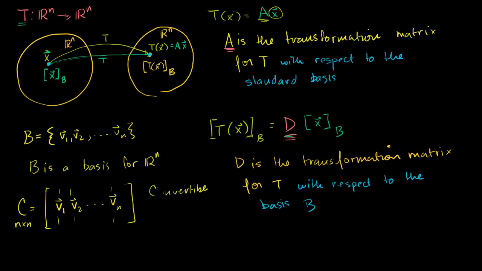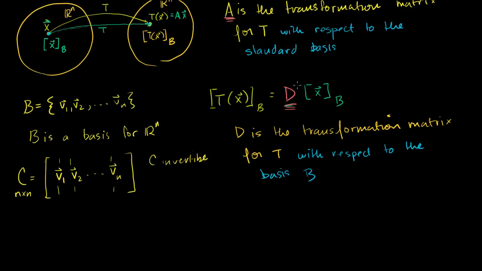And we learned in the last two or three videos that if we have some vector x represented by coordinates with respect to our basis B, we can multiply that by C and we'll get our vector x. This tells us the linear combination of these basis vectors that gets us x.